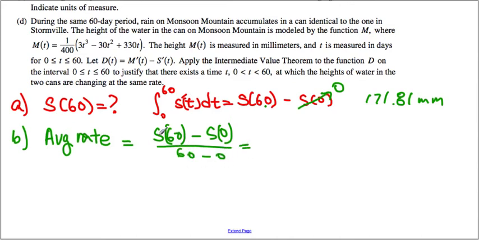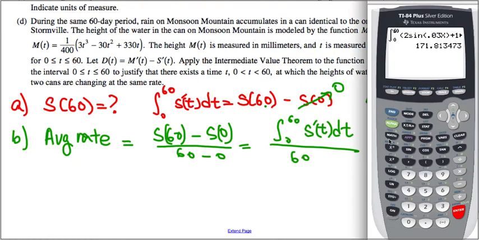Or, since we don't have the function S, but we do have S prime, we can get this by using the fundamental theorem of calculus, just like previously: the integral from 0 to 60 of S prime of t dt over 60. Now we know the numerator because we calculated it earlier. All we have to do is divide by 60.